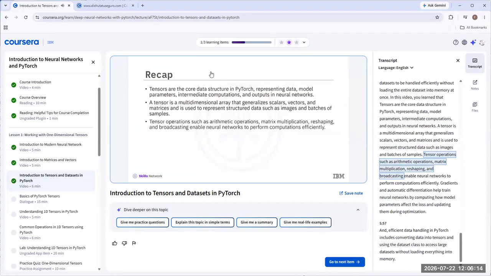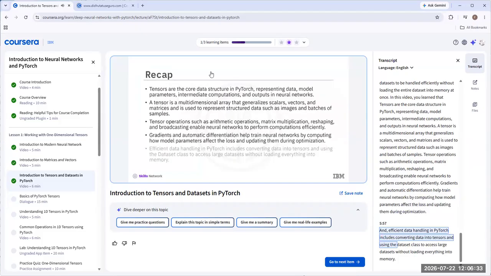Tensor operations such as arithmetic operations, matrix multiplication, reshaping, and broadcasting enable neural networks to perform computations efficiently. Gradients and automatic differentiation help train neural networks by computing how model parameters affect the loss and updating them during optimization. And efficient data handling in PyTorch includes converting data into tensors and using the dataset class to access large datasets without loading everything into memory.